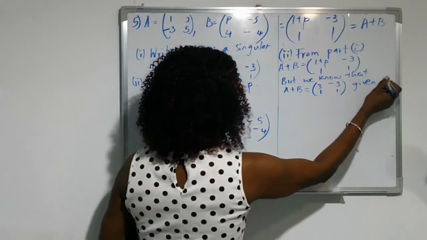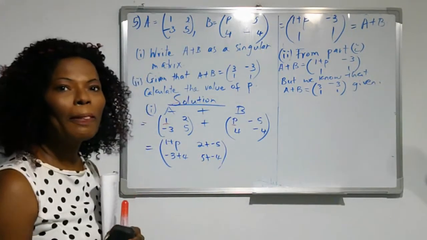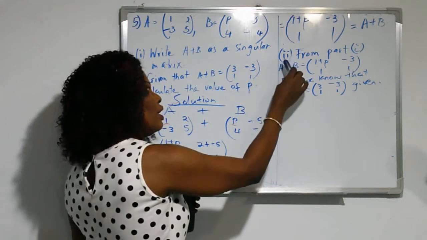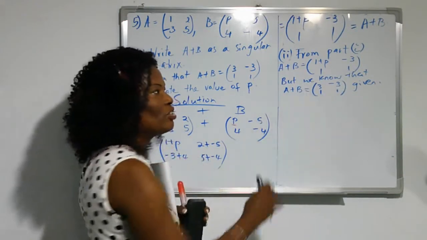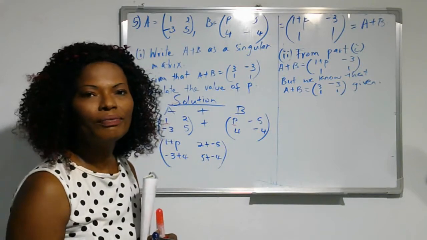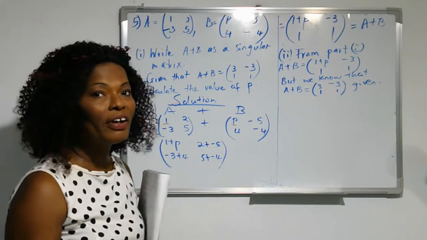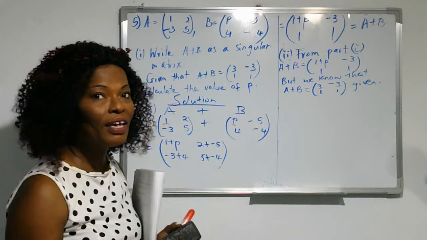Because that was given. You agree? So, if A plus B is this matrix and A plus B is also this matrix, what can you conclude? Yes, they are equal. They are the same. They mean the same thing.